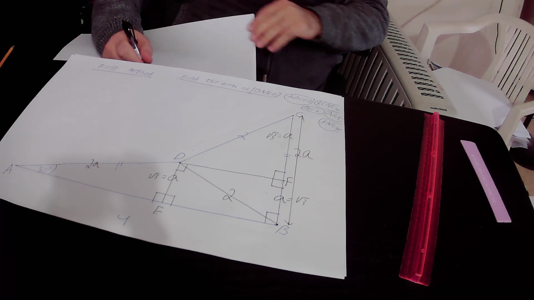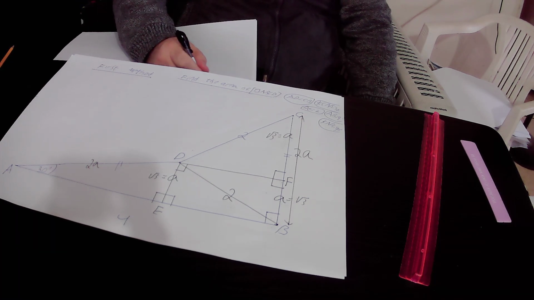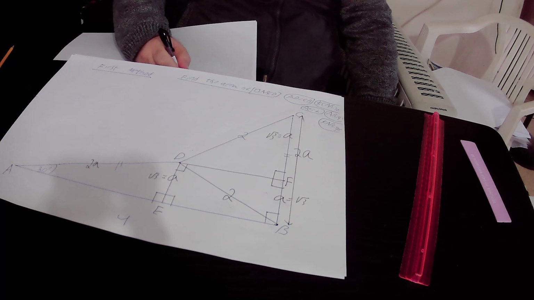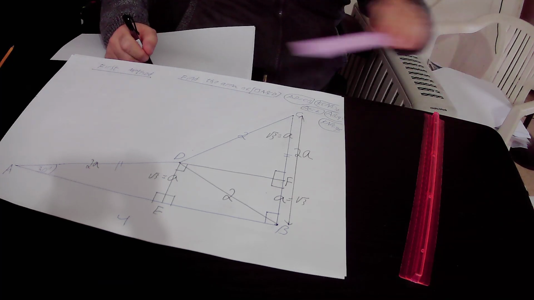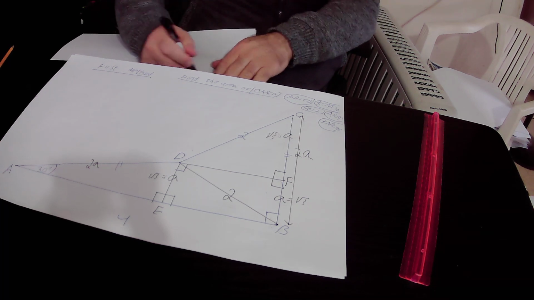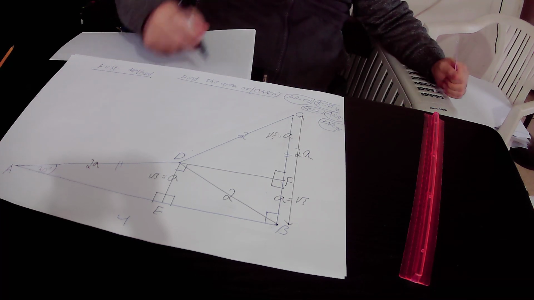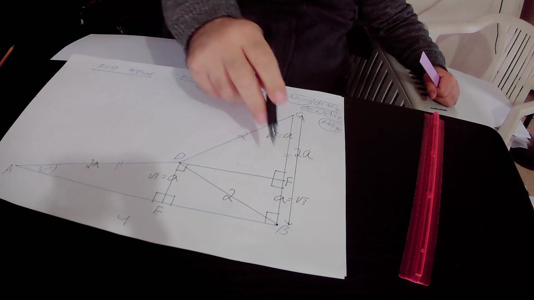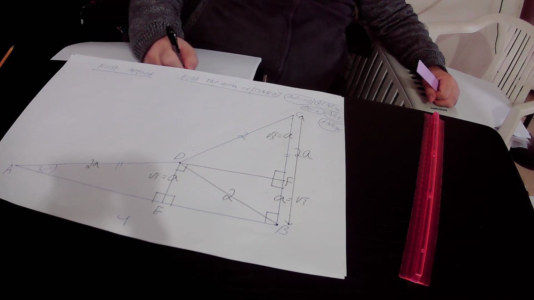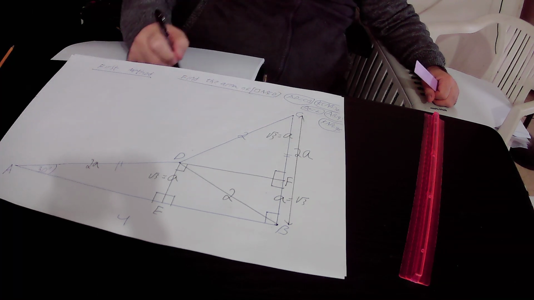So in triangle DEB, according to the Pythagoras theorem, DE squared plus EB squared equals DB squared.